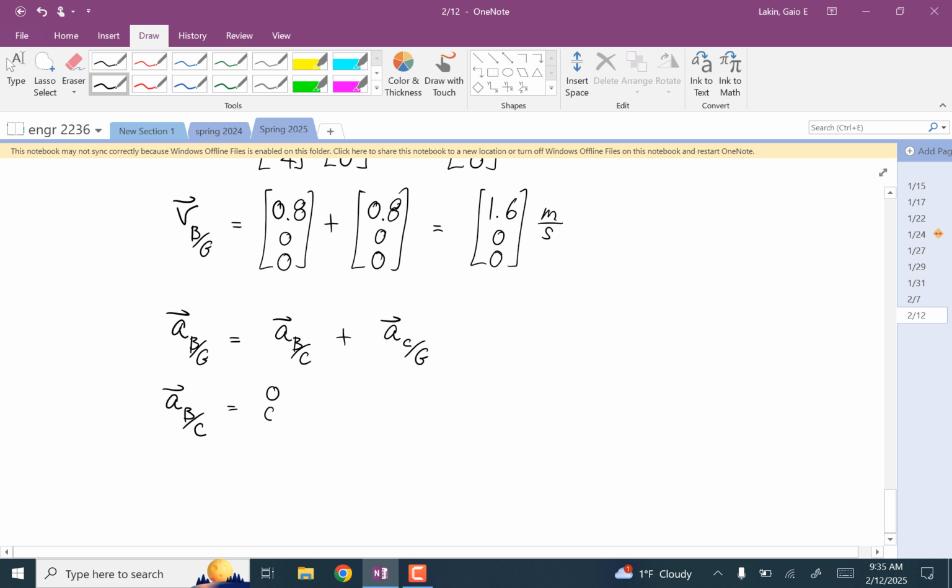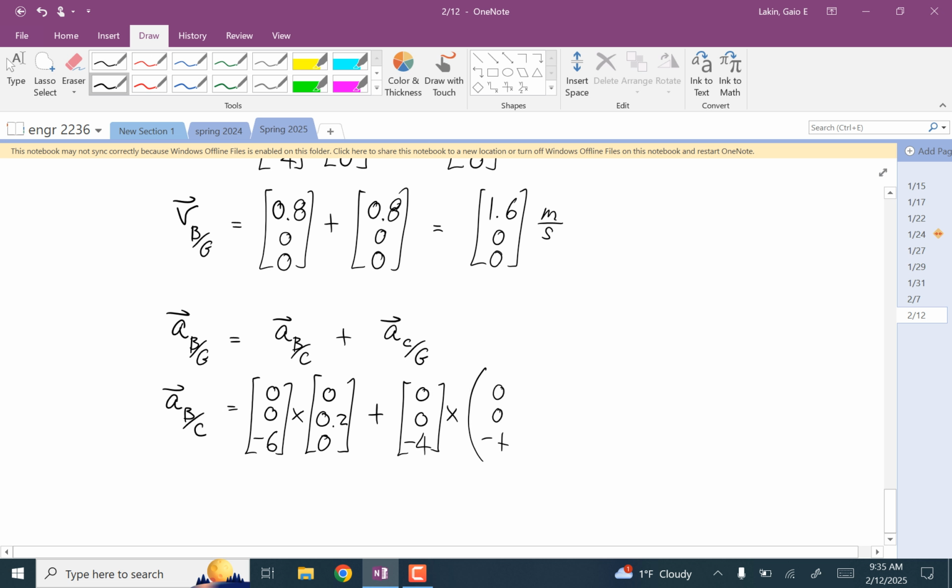So we have 0, 0, -6 crossed with, it's the same r again, so 0.20, plus 0, 0, -4 crossed with the quantity 0, 0, -4 cross 0.20.